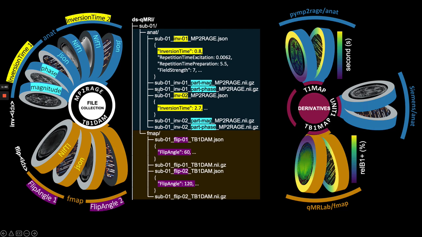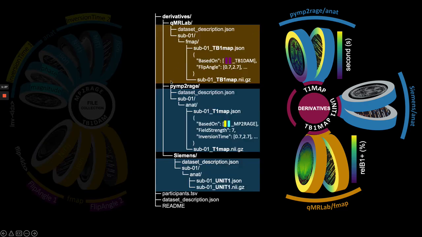And this is the vocabulary of the file collections using inv, part, and flip parameter indexing entities, and all the metadata requirements are defined on a method by method basis with all units and field names standardized. And this is the directory tree for the derivatives. The output metadata informs us about its inputs and how that data was processed.